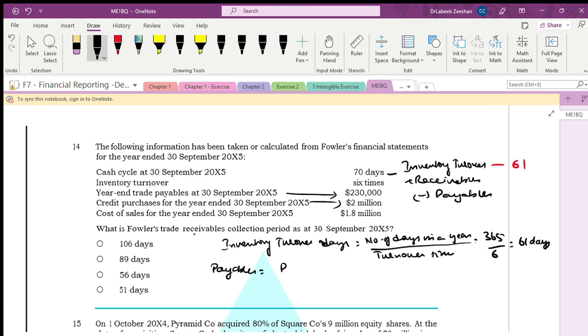Payables times 365 divided by purchases. Payables times 365 divided by purchases. 230 divided by 2 into 365.